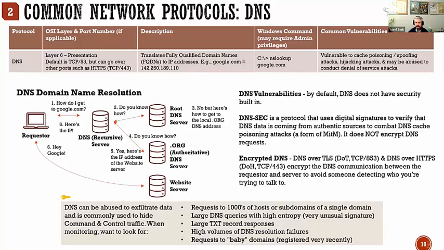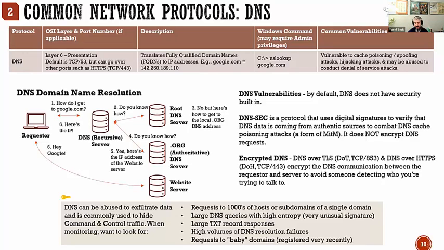So in particular, when I'm talking about exfiltrating data and hiding command and control traffic, things you can look for when monitoring DNS requests: if you start to see thousands of hosts or subdomain requests on a single domain. That would mean you're seeing a machine reaching out to abcd.google.com, and then it reaches out to efg.google.com, and then it's thousands and thousands of subdomains all in a short period of time or over time.